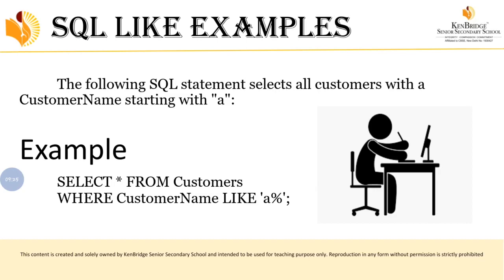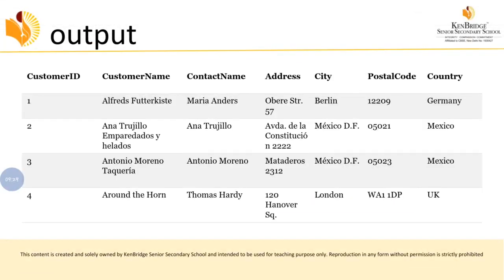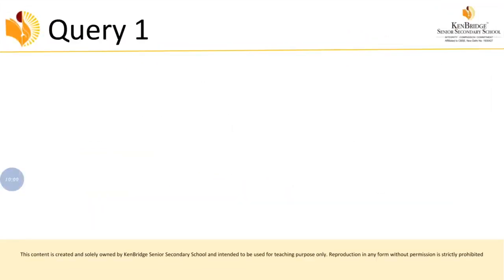So let's see the output of this statement. Here is the output. Look at the customer name. All the names start with A. Whatever records satisfy the given condition will be displayed in the output. Okay, so let's see the next query.